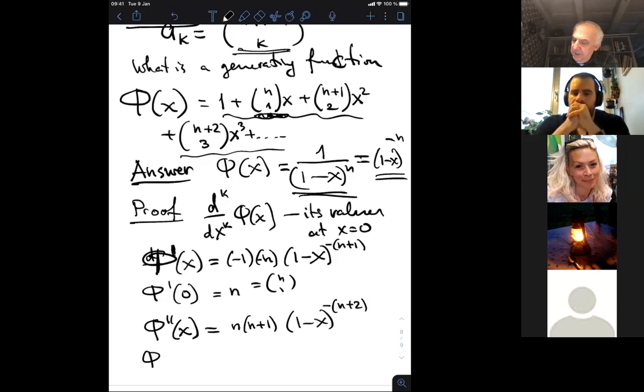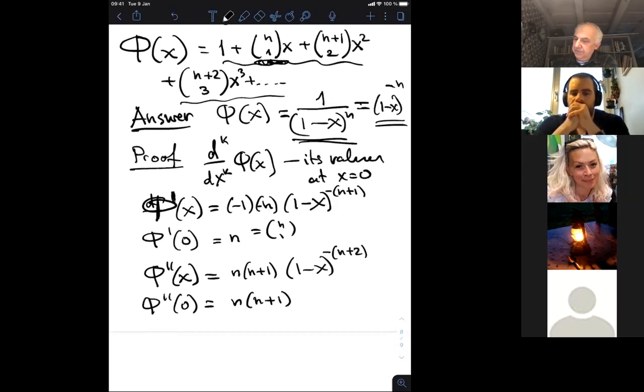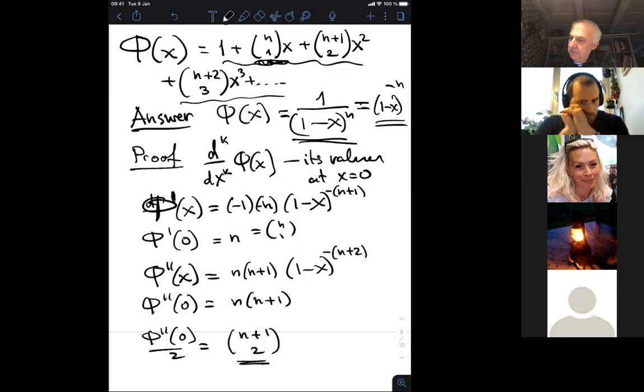So the value of the second derivative at the origin would be n times n plus 1. And if we divide it by 2, this would be exactly n plus 1 choose 2. And that's what we have here, up here.